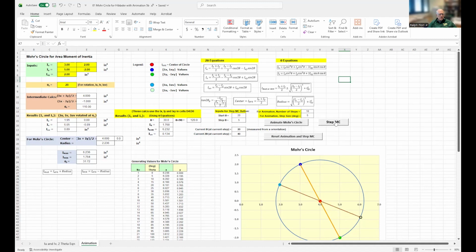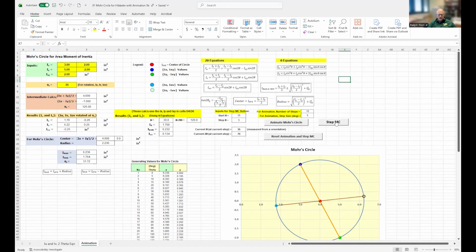Step 20, 25, 30. And we're almost to 30-some odd degrees. The theta p is actually 32 degrees from our original X face to the nearest I min or I max, and that happens to be I min.